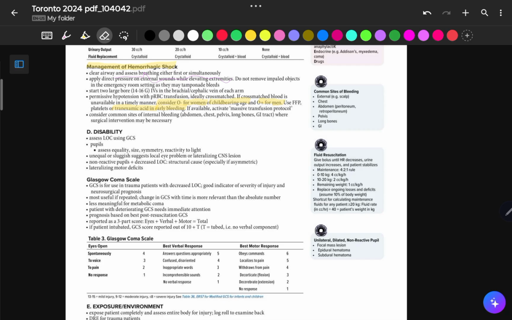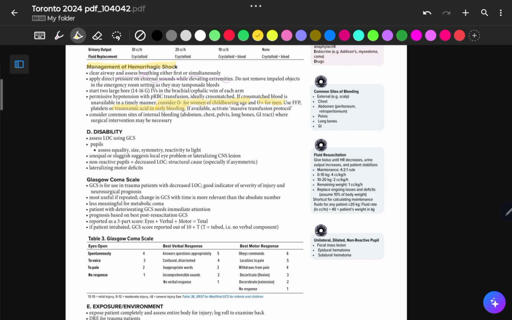So the second thing we're going to talk about is D for disability. So here we are looking at the level of consciousness using the GCS score. Okay, so the first thing I want to look at is your pupils. You want to assess the quality, the size, the symmetry, and is it reacting to light?